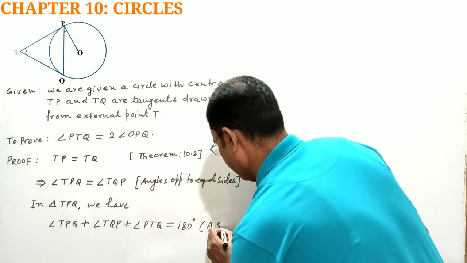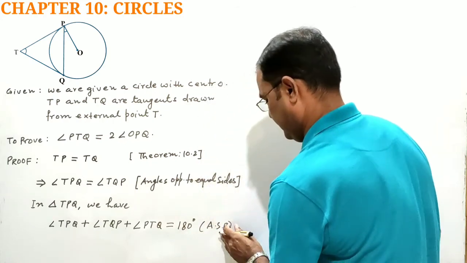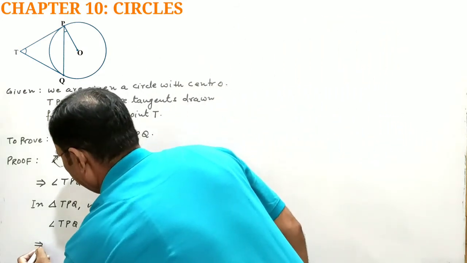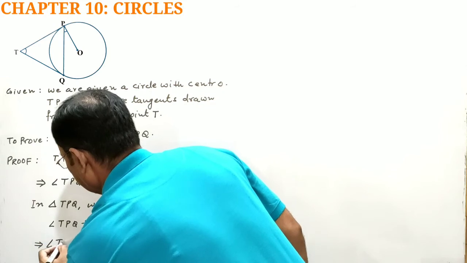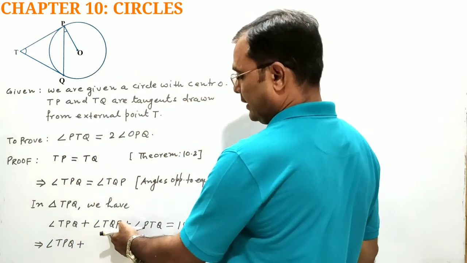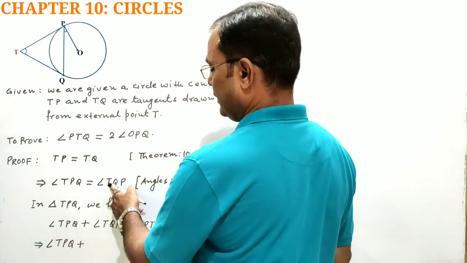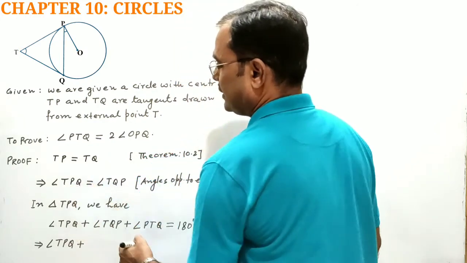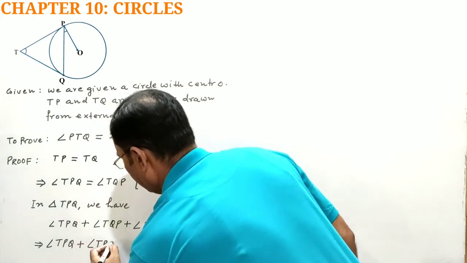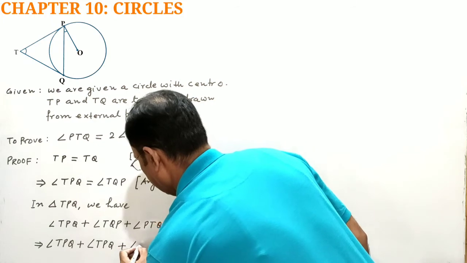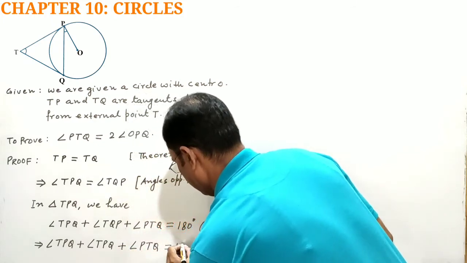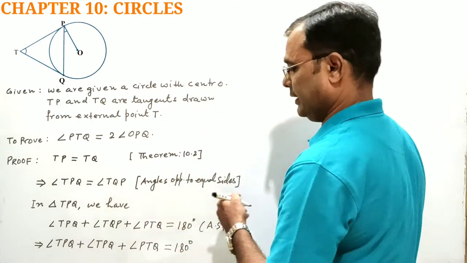Angle sum property of a triangle. And this implies that angle TPQ plus, in place of angle TQP, we are going to write angle TPQ. So angle TPQ plus angle PTQ is equal to 180 degrees.